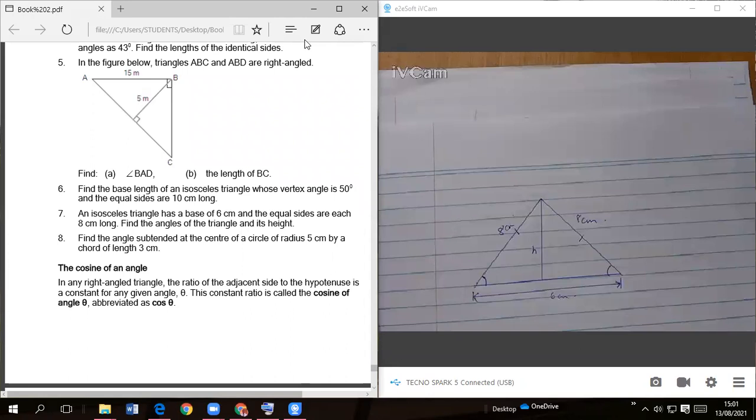Okay. So I'm asking, what do you know about the angles of an isosceles triangle? What do you know about the angles?